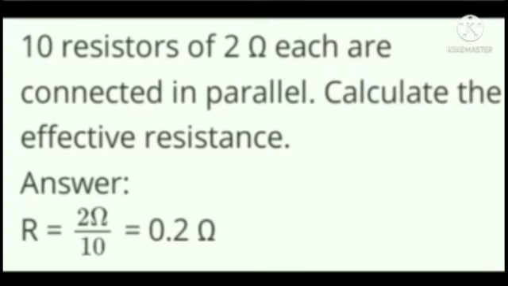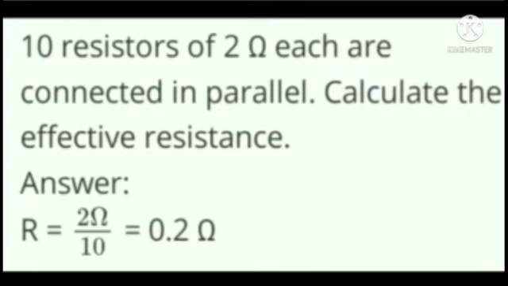Then we can calculate the effective resistance R is equal to r by n, that is 2 ohm by 10. 2 by 10 is divided, we get 1 by 5. 1 by 5 is also divided, we get 0.2 ohm. That is the answer.